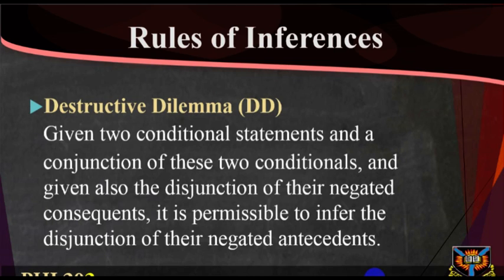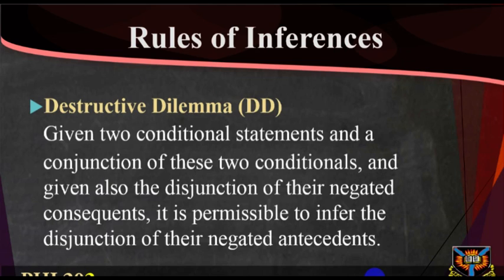In applying the rules of inference, we should note two essential points. The first is that these rules apply to any argument containing statements having the form of these rules, however complex these arguments are.